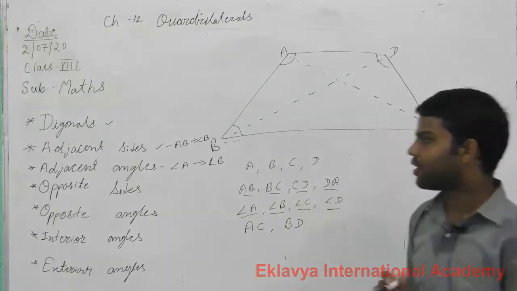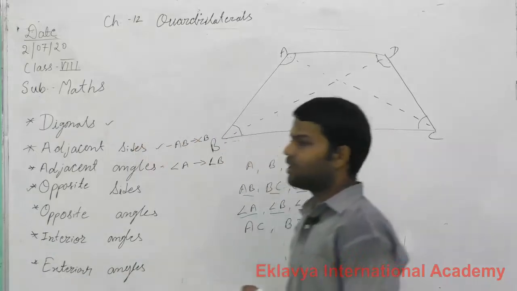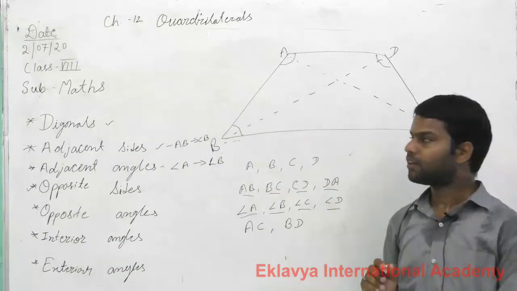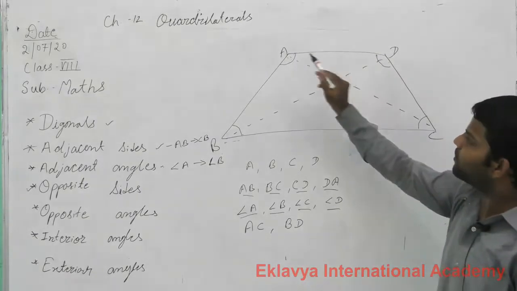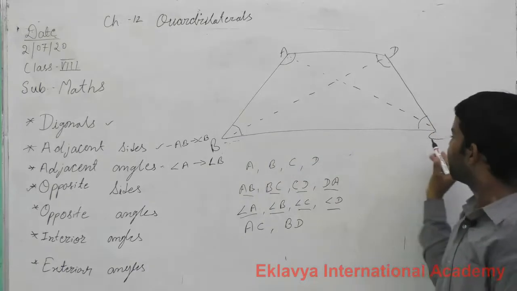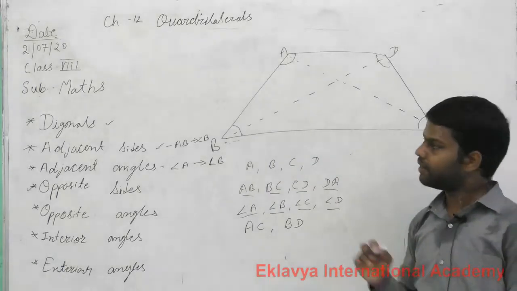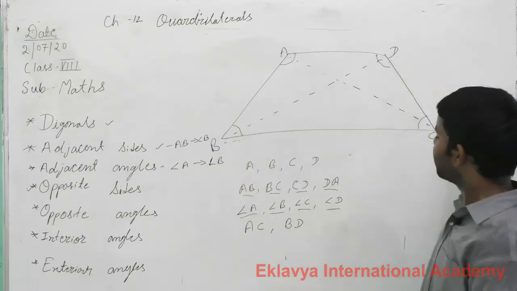Okay. Now next topic is opposite side. In the quadrilateral we have two pairs of opposite sides. First is AD is opposite of BC. Similarly, AB side is opposite of DC.